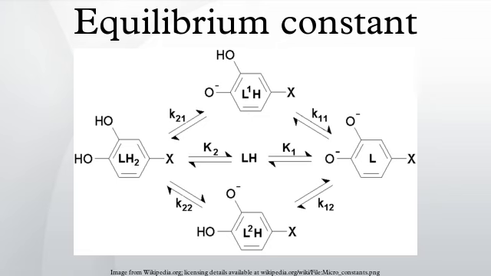The first protonation constants are k11 equals [L1H]/[L][H], and k12 equals [L2H]/[L][H]. The concentration of LH is the sum of the concentrations of the two microspecies. Therefore, the equilibrium constant for the reaction, the macro constant, is the sum of the microconstants: K1 equals k11 plus k12.